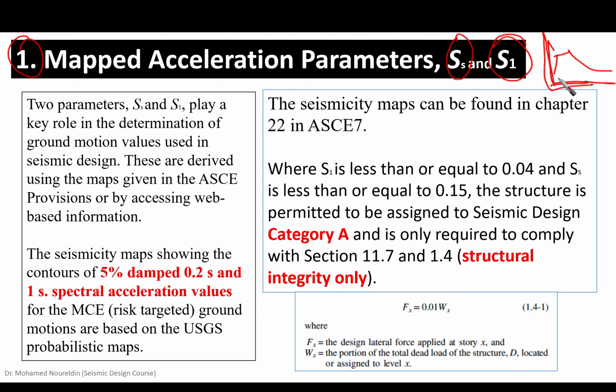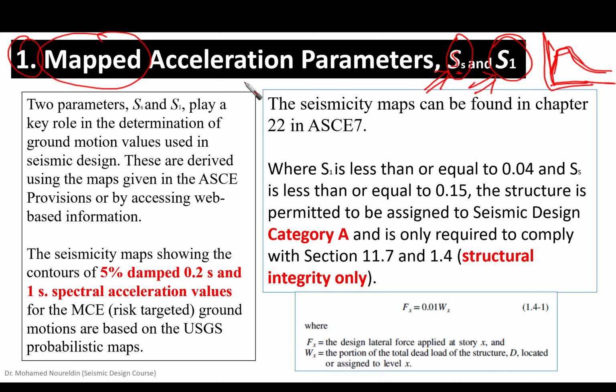In order to draw this response spectrum, which gives us the acceleration that the building is experiencing during an earthquake, we are in great need of two important parameters that help us in constructing it. We call these parameters S sub S and S sub 1, which are the mapped spectral accelerations. Take care of the word mapped here.